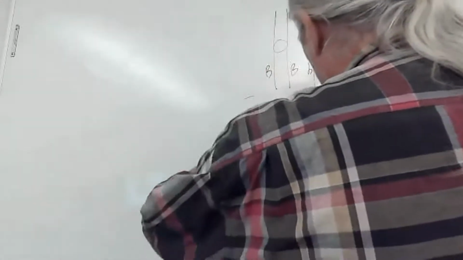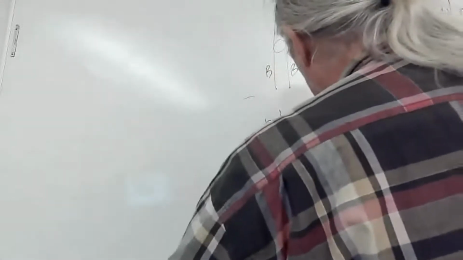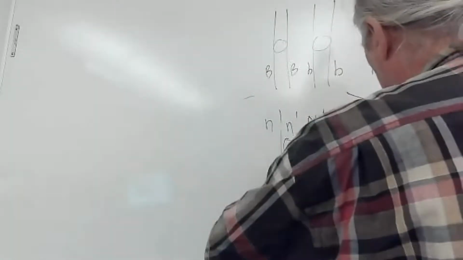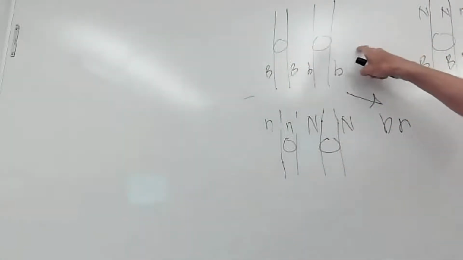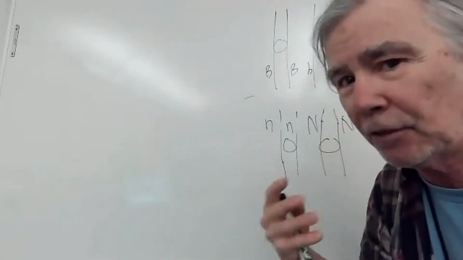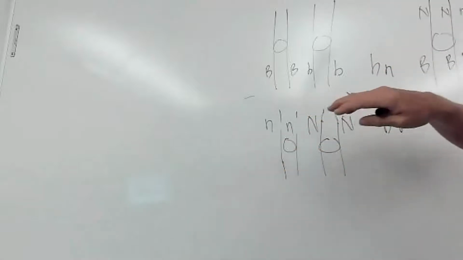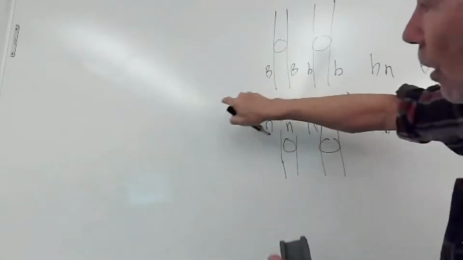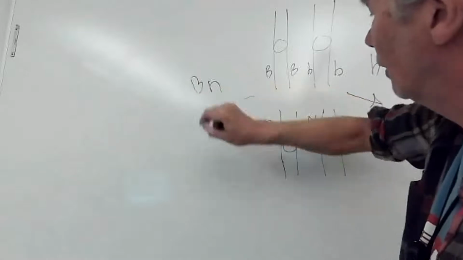So now this is small n, big N. Well, this we could have switched. Big B could be over here. See, the way these line up in metaphase 1 is independent of each other. So they are sorting independently. If they line up like this, then what kind of gametes do you have over here? Big B, small n.